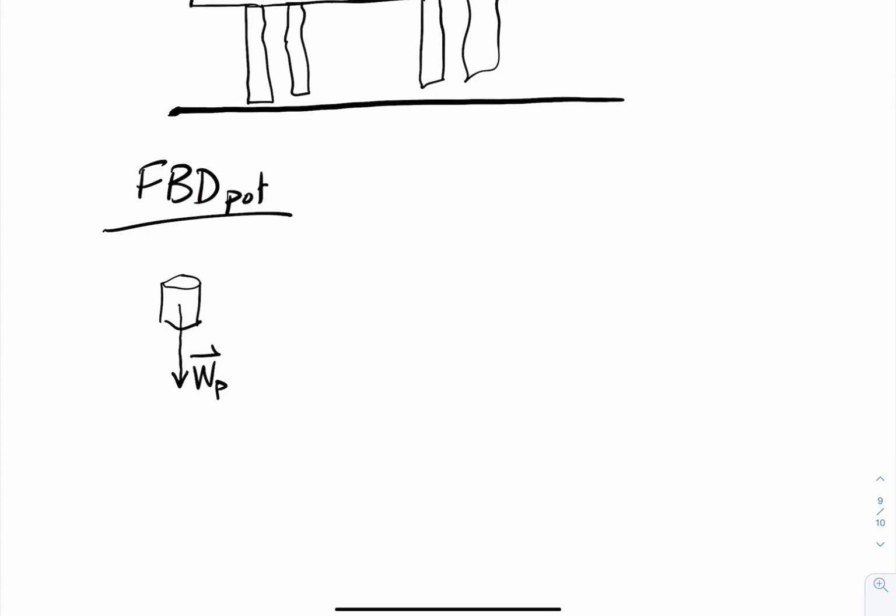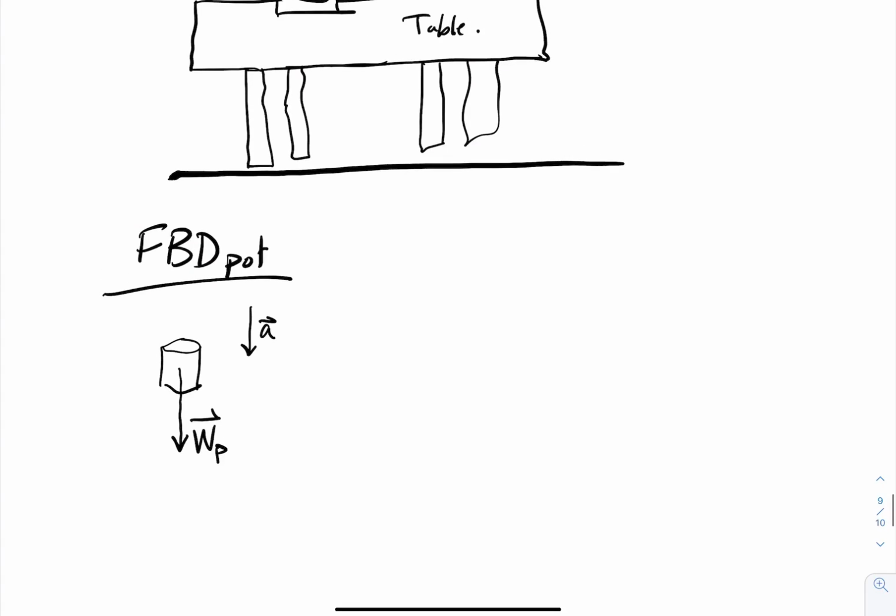Now I'd like you to notice that if we said, okay, that's it, that's the only force on the pot, then that would have to also indicate that there's an acceleration in the same direction as the net force on the pot. F equals ma.